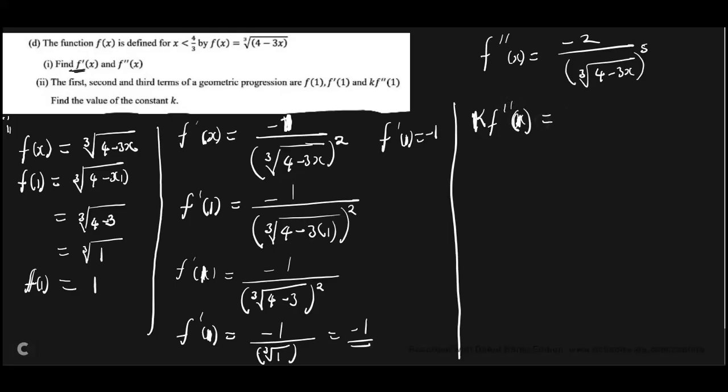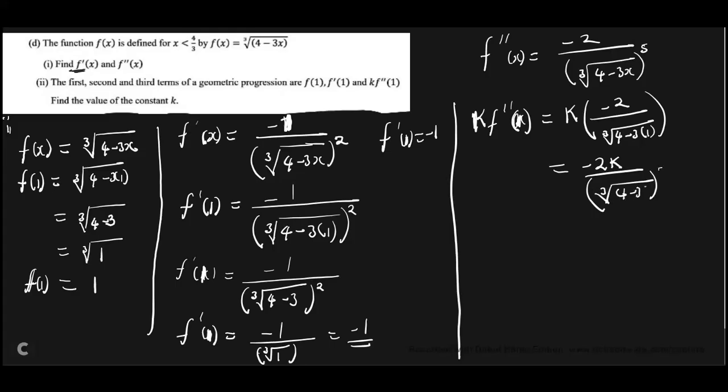So you start with k times negative 2 over root of 3 here, and 4 minus 3, then you put 1 like that, such that you have negative 2k over, when you do this, which is 3 here, right? And that is 4 minus 3, then 5.